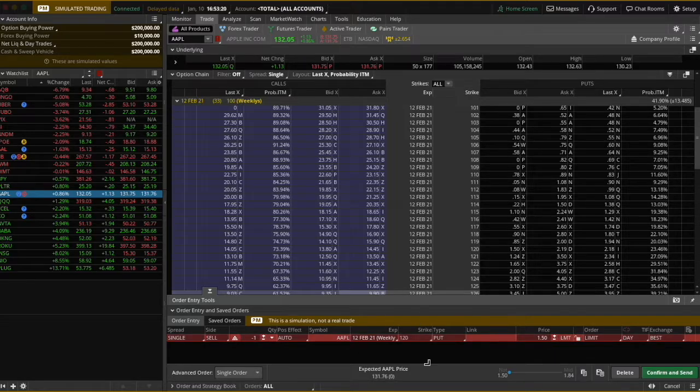But that's not entirely true because you receive $150, or $1.50 per share, in premium, correct? So you actually are only losing $5 minus $1.50 in this trade, even in the scenario that Apple ends up at $115 per share.